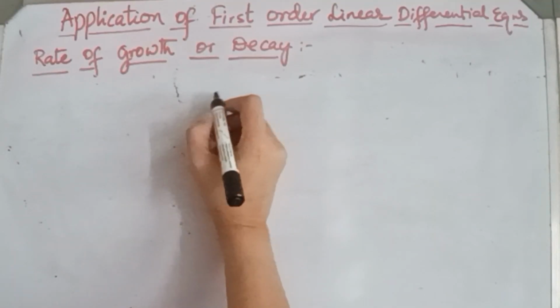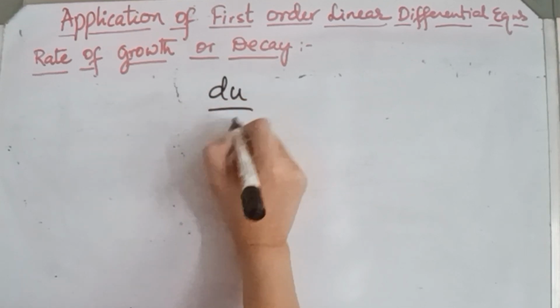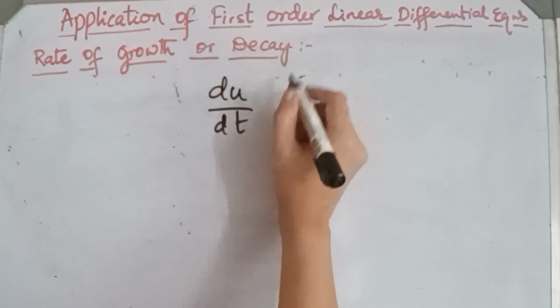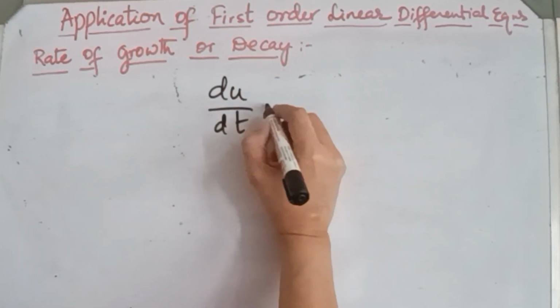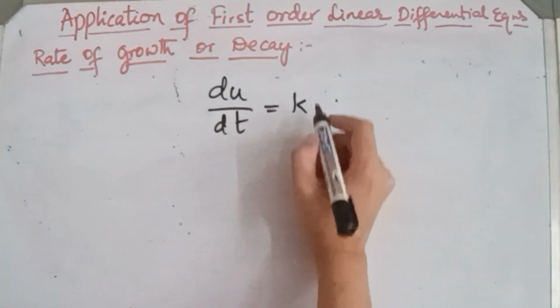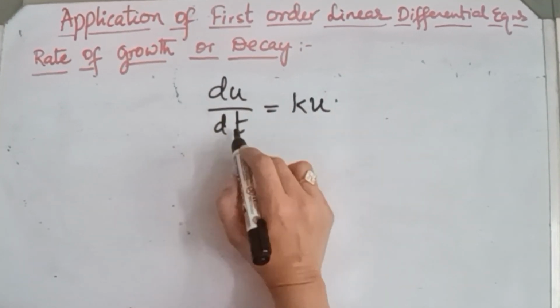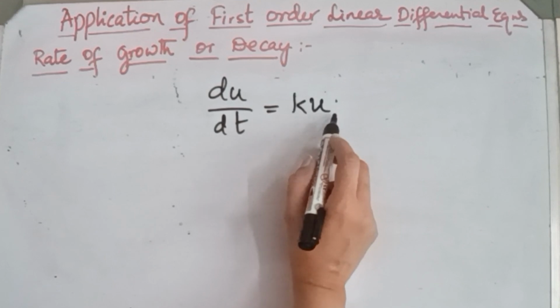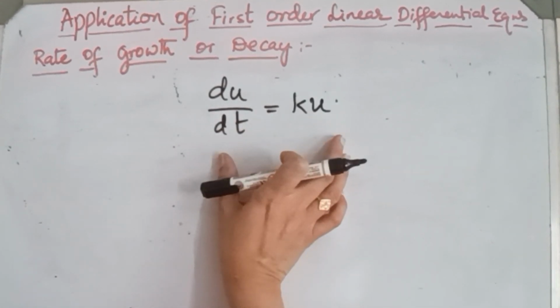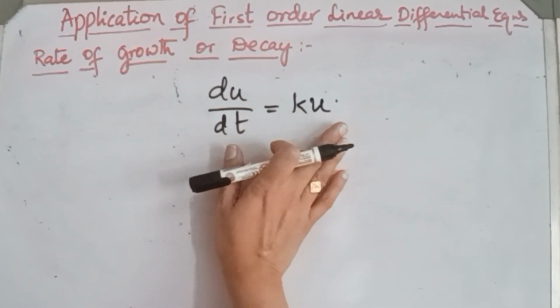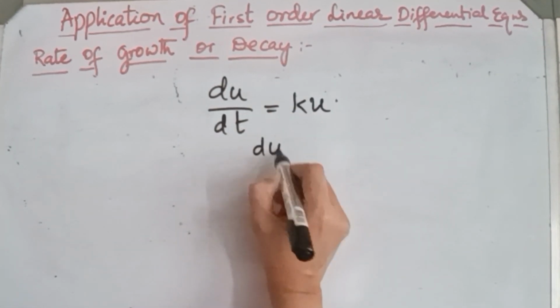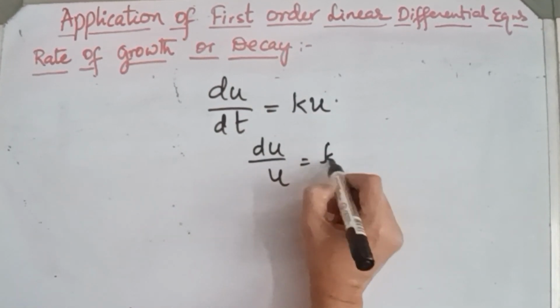So, the differential equation associated with the rate of growth or rate of decay is du by dt equal to k into u. So to get its solution, you have to apply the method of separation of variables. So du by u equal to k into dt.